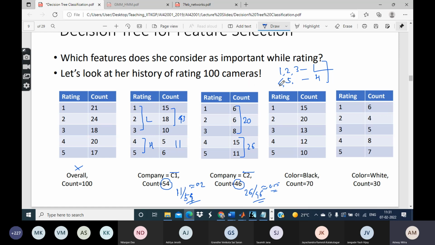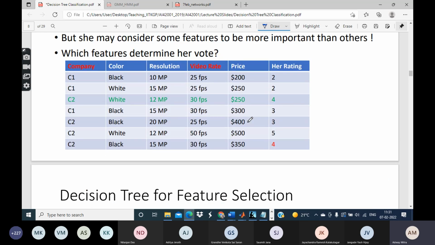It is also possible that it may really be some other feature which is important for her, but for whatever reasons company C1 does not produce that feature and company C2 does. In this case, some of you pointed out that the video rate seems to be important for her.